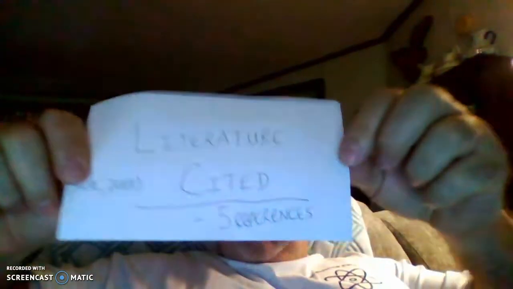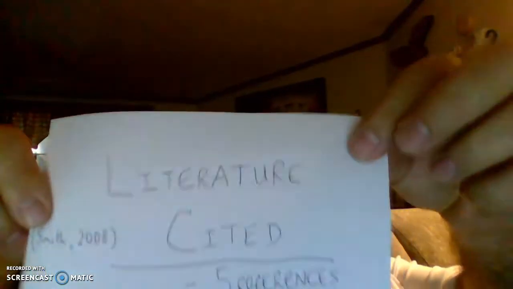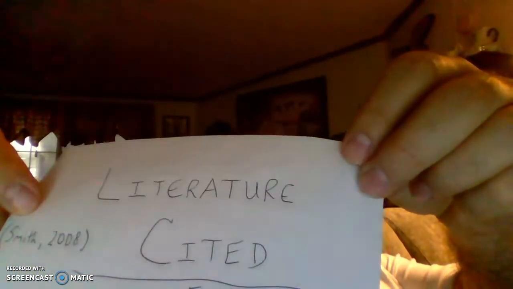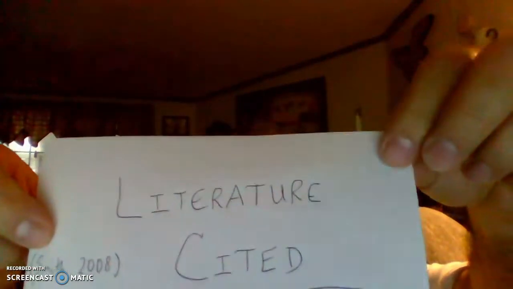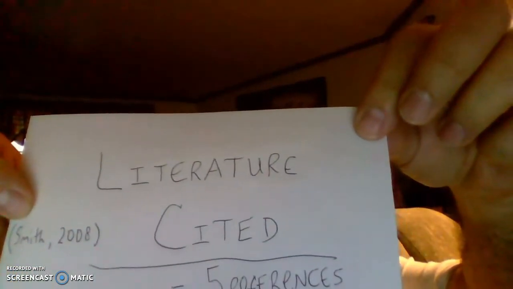Anytime when you're writing your lab report and you use information that does not come from your head, you cite that information. So I have over on the left Smith 2008 in parentheses.